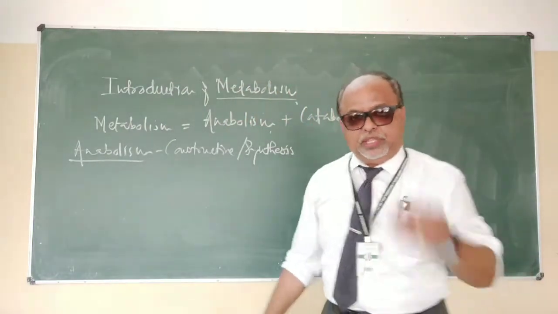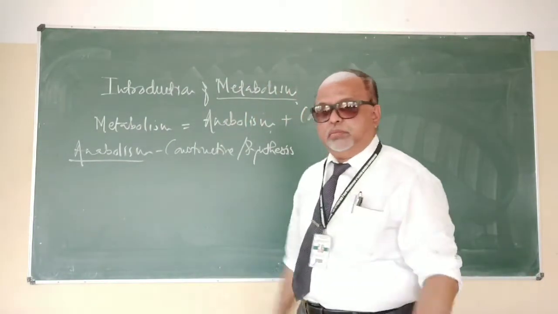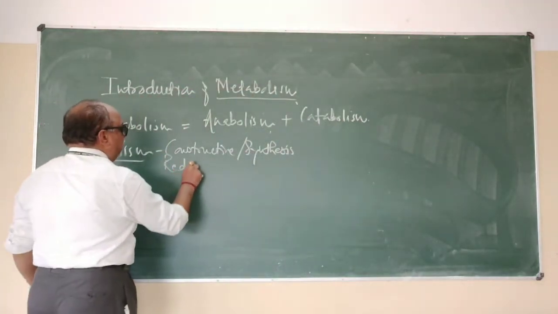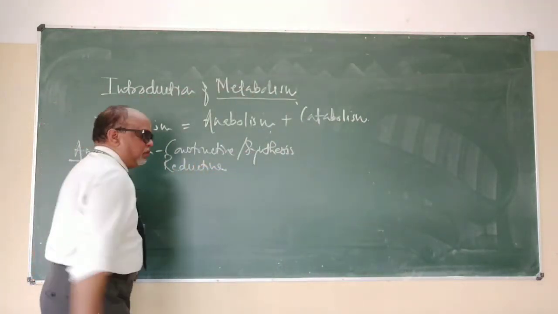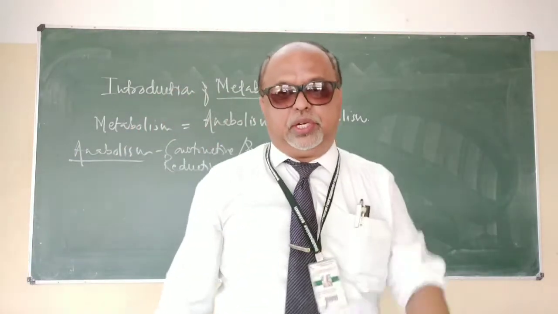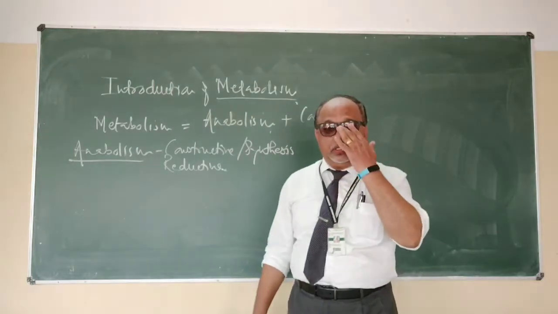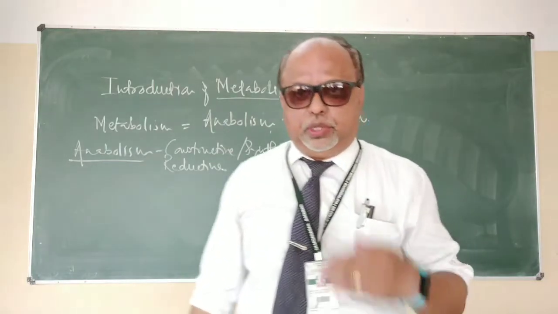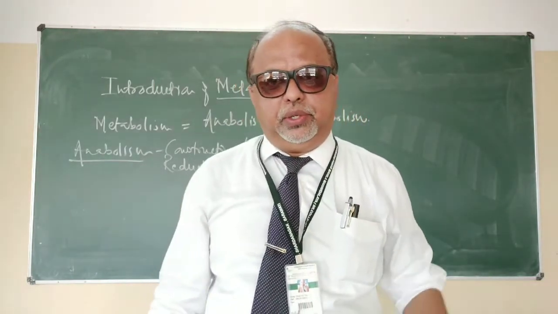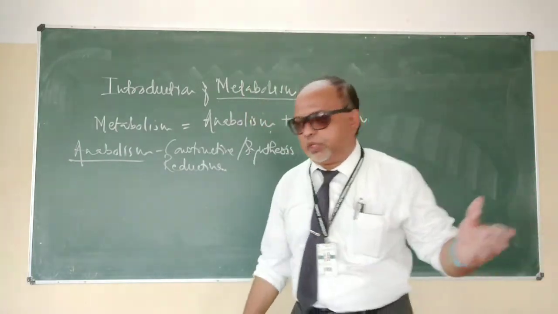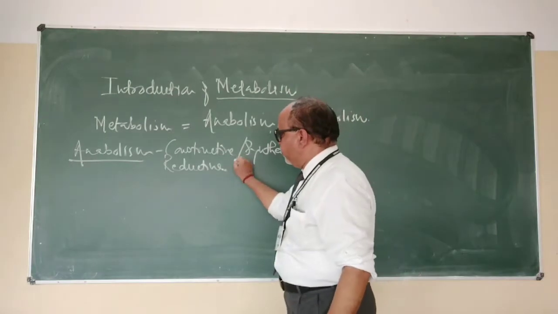Second, anabolism is a reductive process. During the anabolic reaction, reduction occurs, and that reduction is carried out by the reducing power generated during reactions inside the cell in any other pathway.